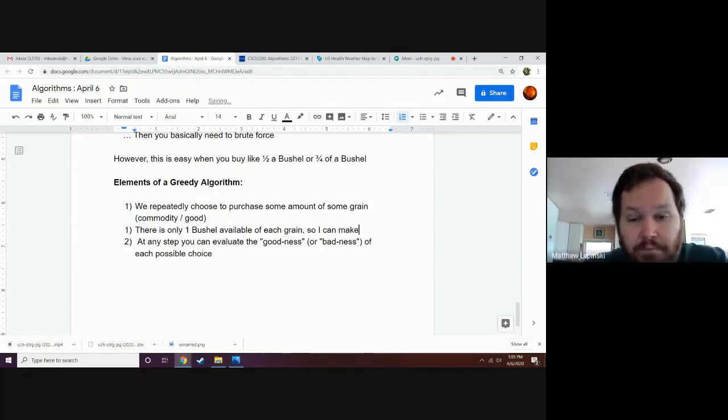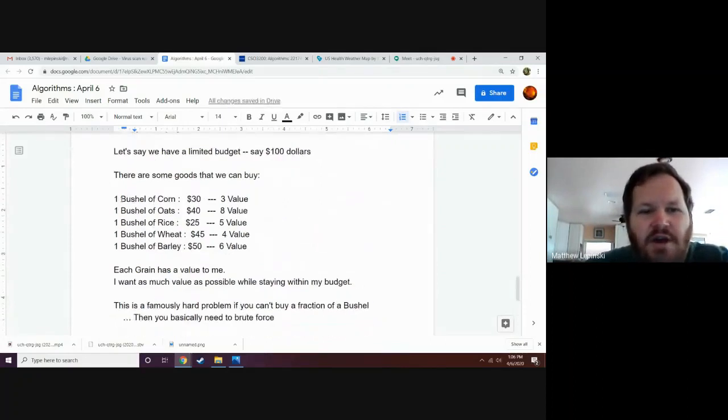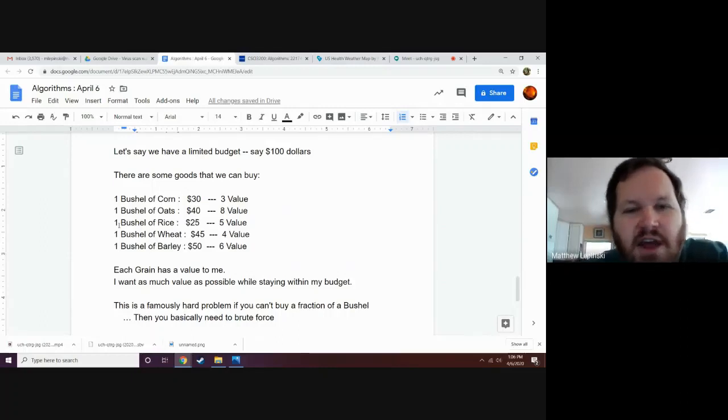So I can make any choice as long as it doesn't involve buying more grain than is for sale. In this example problem I'll put 1 bushel of corn, 1 bushel of oats, 1 bushel of rice. If the market has 8 bushels of wheat, that's perfectly fine. This all still works with any number of bushels available in the marketplace.